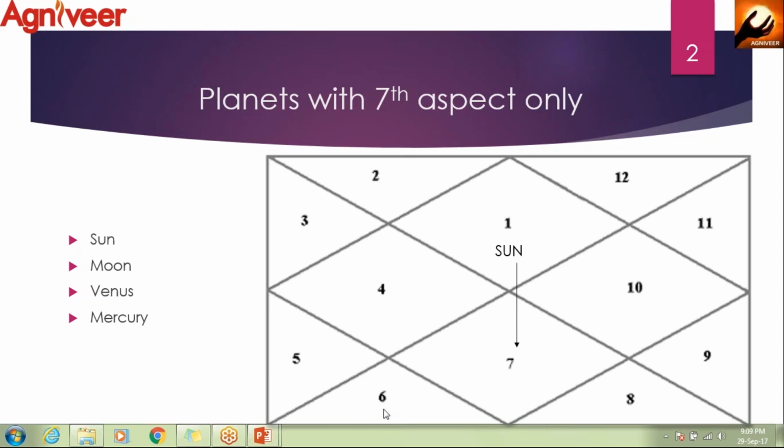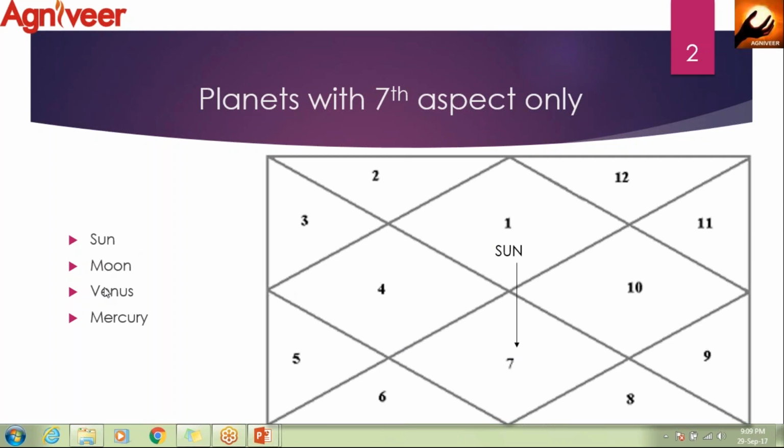Now if it is placed in sixth house here, then 12th, correct. So just add 6 to that number, and it will show you where it is. But if the number is 7 or more than 7, in that case you cannot add 6, you have to subtract 6. So directly opposite, something like this.